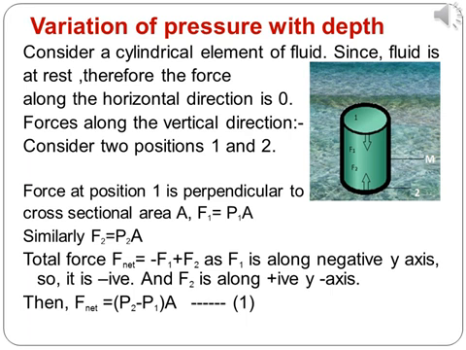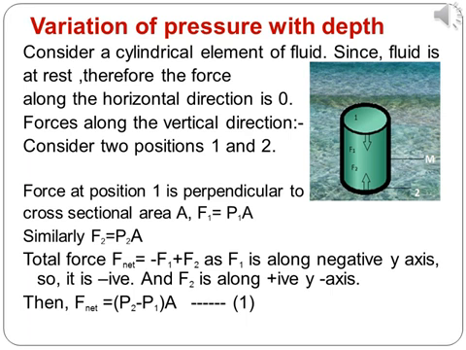Then what is the total or net force acting on the cylindrical element of fluid? It is F net equal to minus F1 plus F2, as F1 is acting along the negative y-axis, so it is negative, and F2 is acting along the positive y-axis, so it is positive.